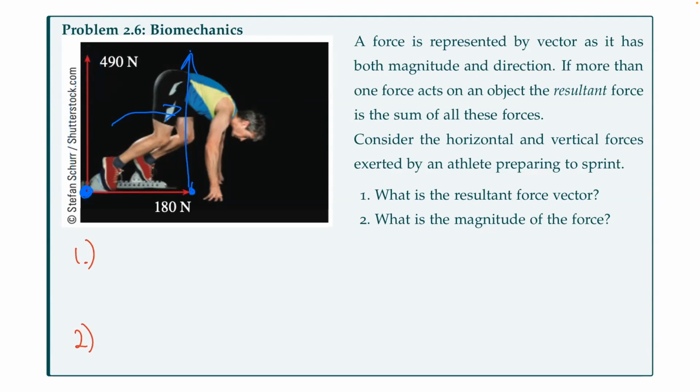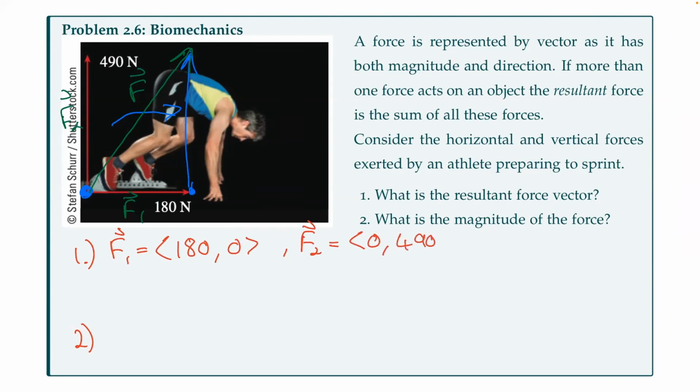So that means if we draw our resultant force vector, I'm going to call this one F1, this one F2, and then I'll call this just F. I've used capitals here, but it doesn't really matter too much. So this is our resultant force vector. If we were to write that in component notation, our F1 is equal to 180 newtons to the right and 0 up. Our F2 is 0 to the right and 490 newtons up.